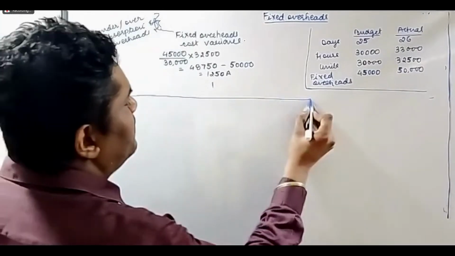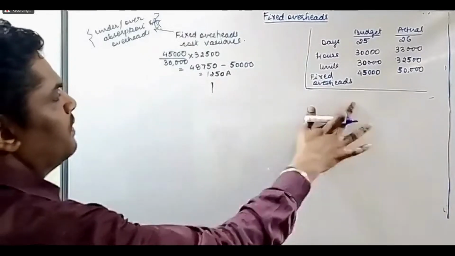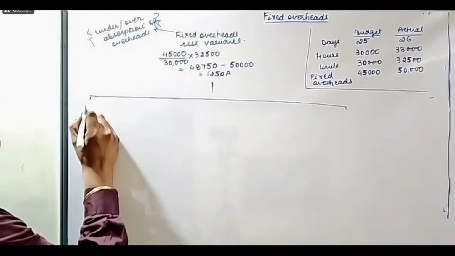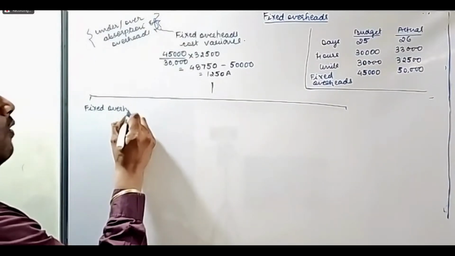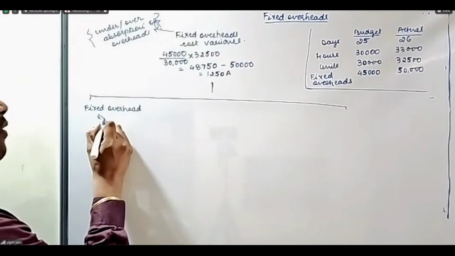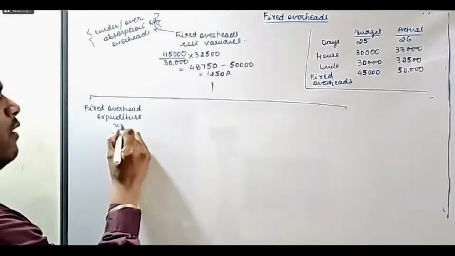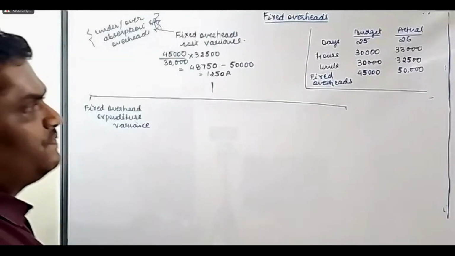Now, two parts. First one is fixed overhead expenditure variance.